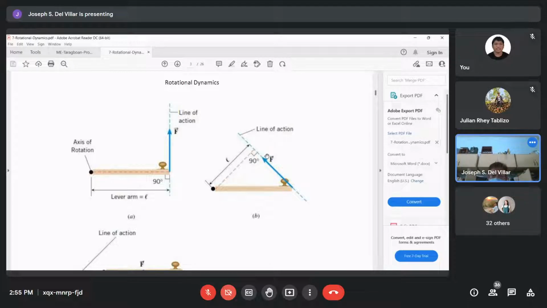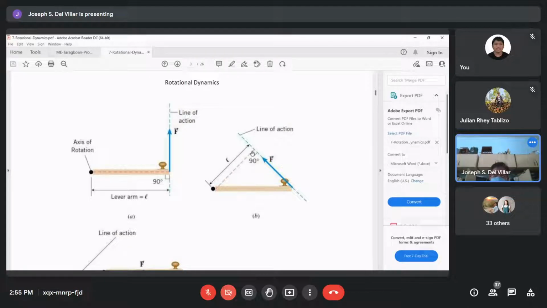Itong blue. Okay? Then, from the line of action of the force at this particular point, we drop a line perpendicular to the line of action and then connecting the axis of rotation. Okay? So we connect the axis of rotation. So itong dotted line na brown is already at 90 degrees with the line of action of the force.